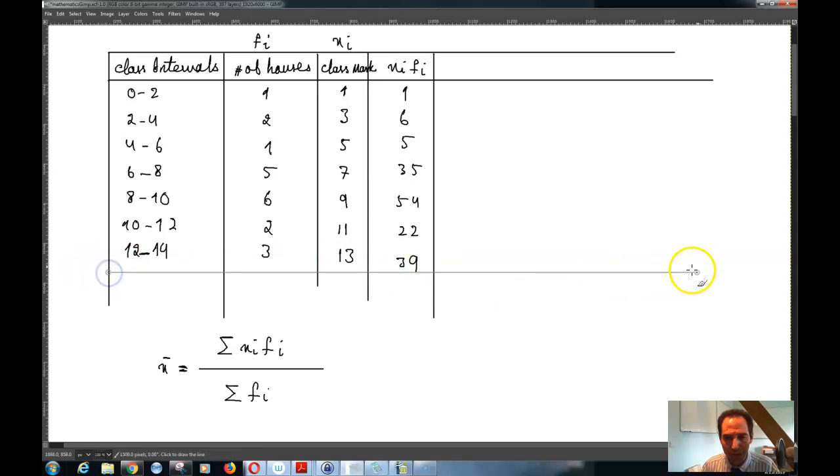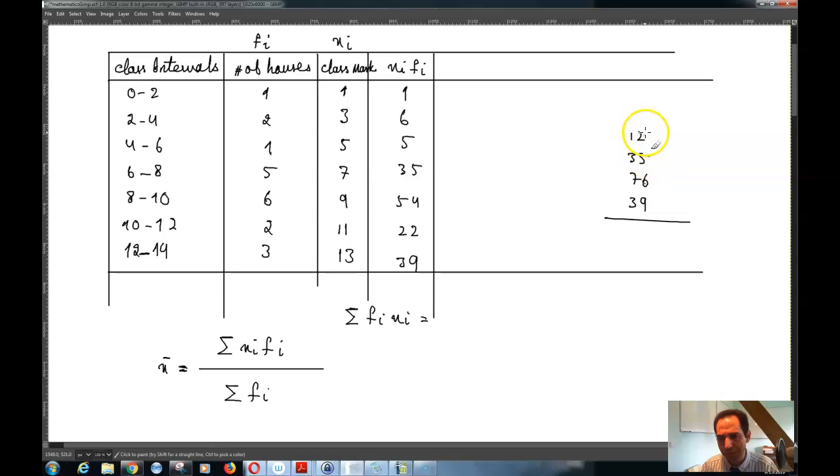Then based on that I can calculate sigma f of i times x of i, which is equal to 12, 35, 76, for example, and 39. That's a 15. 15 plus 7 is equal to 22. We have a 2 over here, 6, 13, and 16. 162.